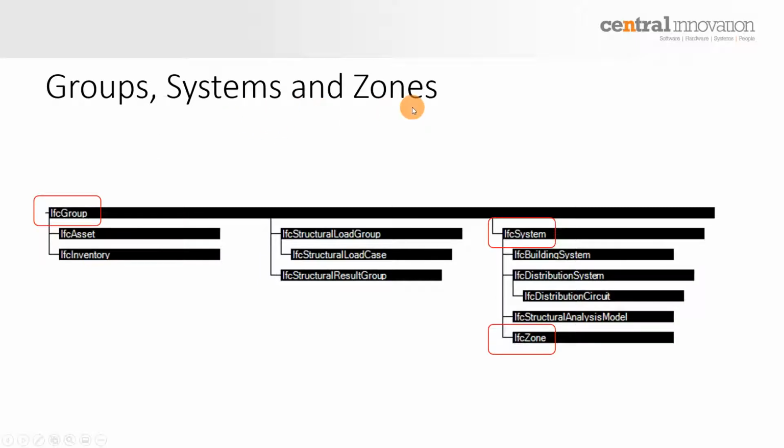So IFC creates assignments, which is basically relationships in between different elements. Now, probably the three bigger groups that you will be able to manipulate within Archicad, and they might serve you some good purpose, will be general groups of elements, and IFC systems, specifically for MEP type of elements, or when you want to create a group of elements that you probably want to hand over or coordinate with a mechanical engineer or electrical engineer.